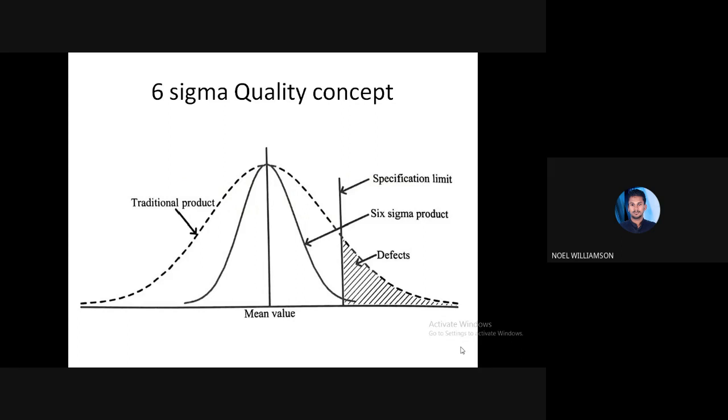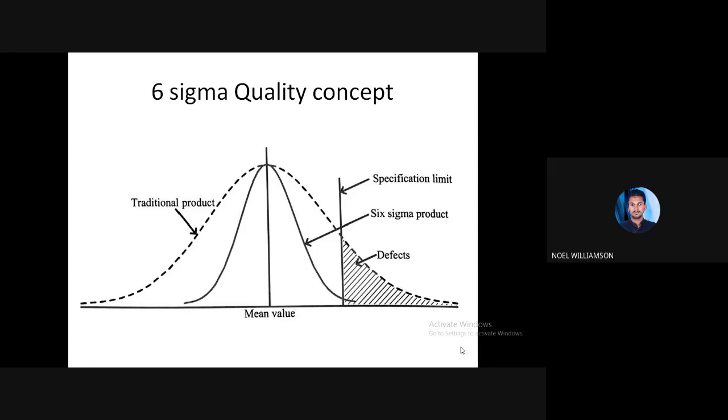We have seen it is a statistical method. There is a standard deviation and variance we have seen. So based on the standard deviation, now we analyze the quality concept, that is Six Sigma. This is mainly developed by one company, that is Motorola Corporation, USA.